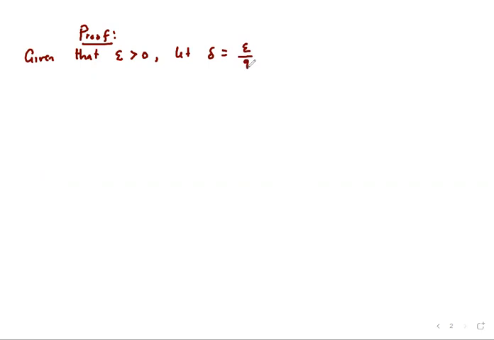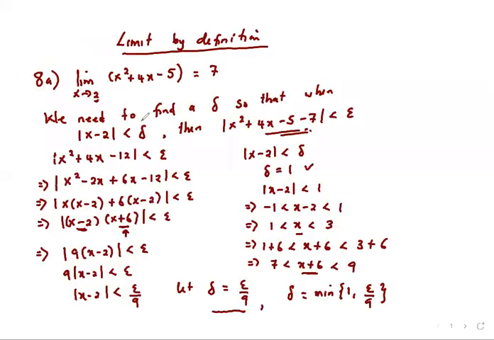Then we are saying |x minus 2| will be less than epsilon over 9. So if we multiply, we're going to have 9|x minus 2| is less than epsilon. But then we must build back because we want to arrive at this one.